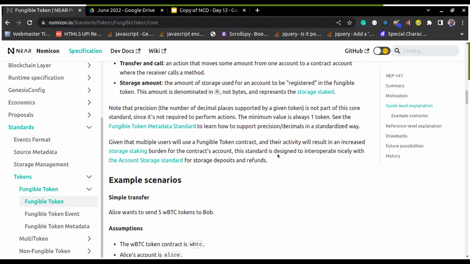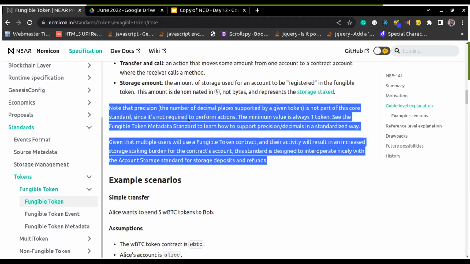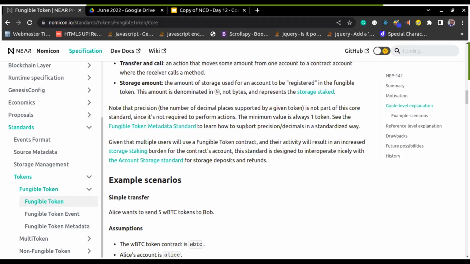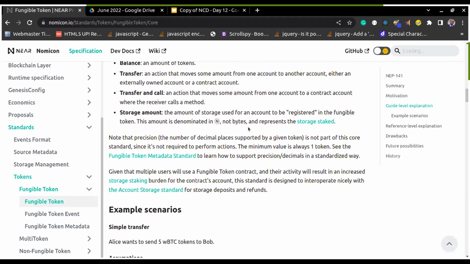Now there's some other explanation of the precision, the number of decimals supported, and all that. Now your fungible token is going to hold some number of decimals. Like I said, the NEAR token has, 1 NEAR token is equivalent to 1 times 10 power 24 yoctoNEAR.